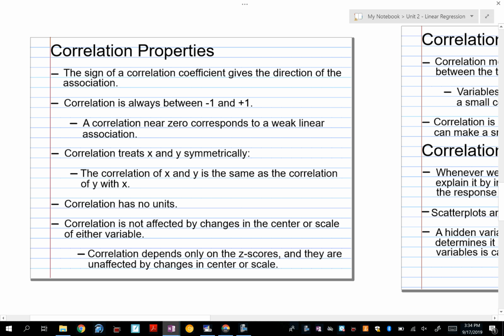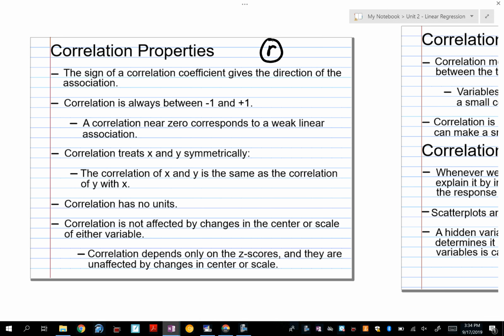All right, so let's talk about some of the properties of correlation coefficient. Remember, if you saw on the last slide, this is always the lowercase letter r. So anytime you're reading anything that has some type of statistical context and you see a lowercase r, that is telling you that it's the correlation coefficient. It's measuring the strength of the linear relationship.